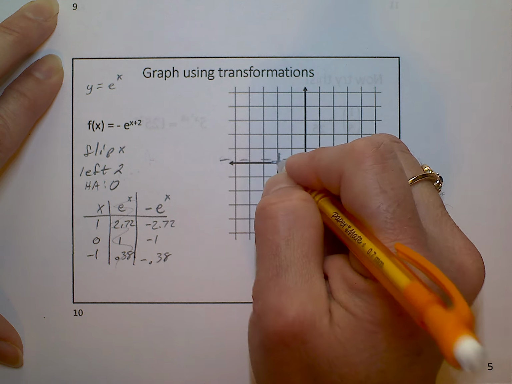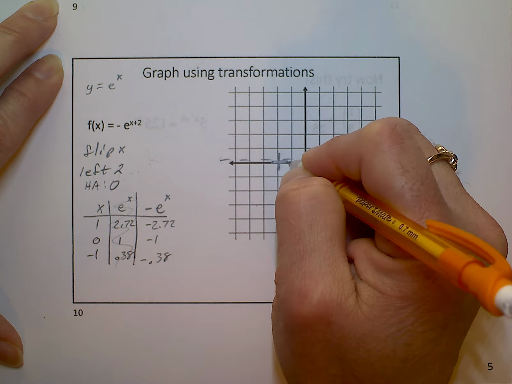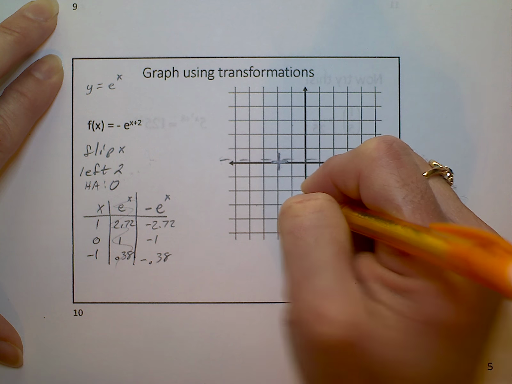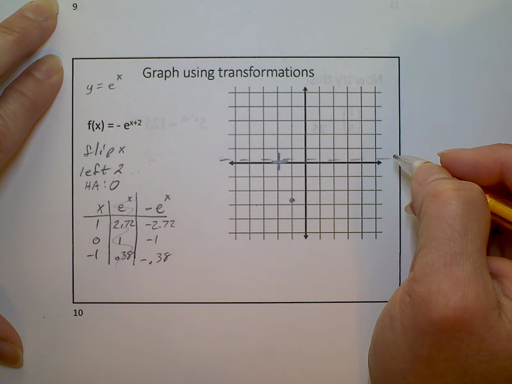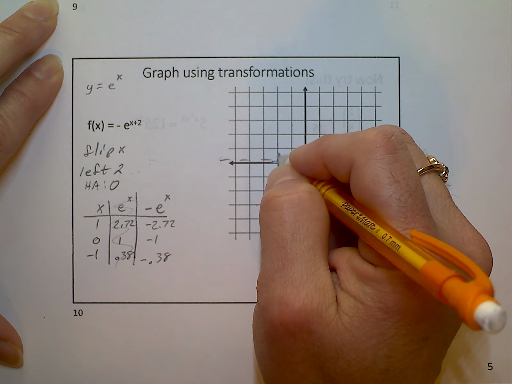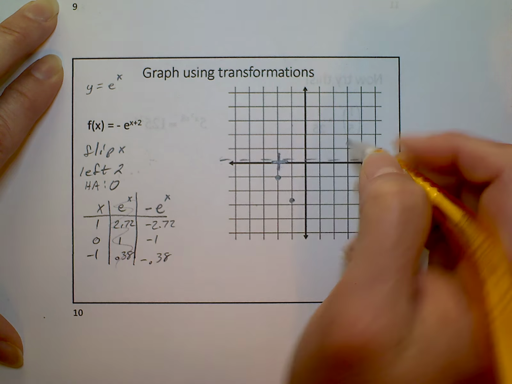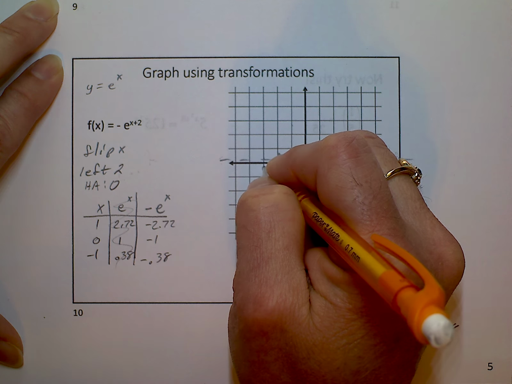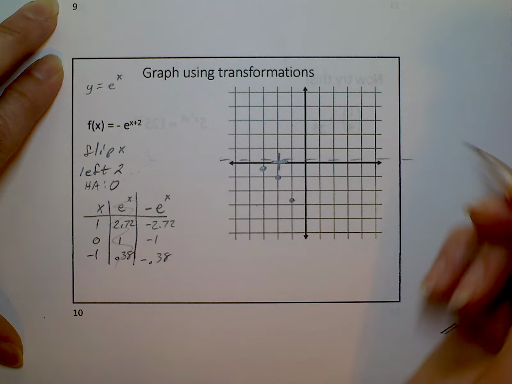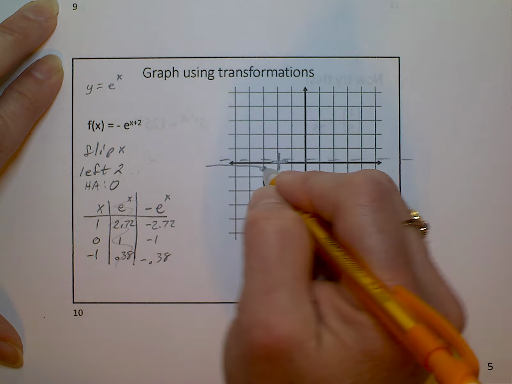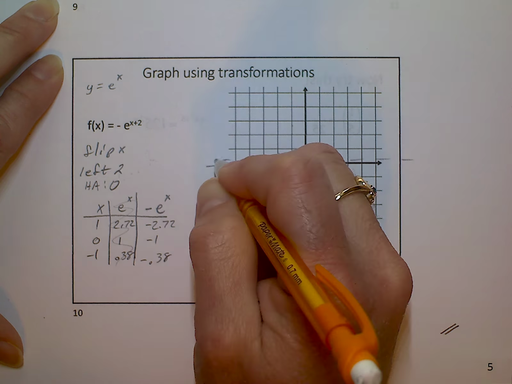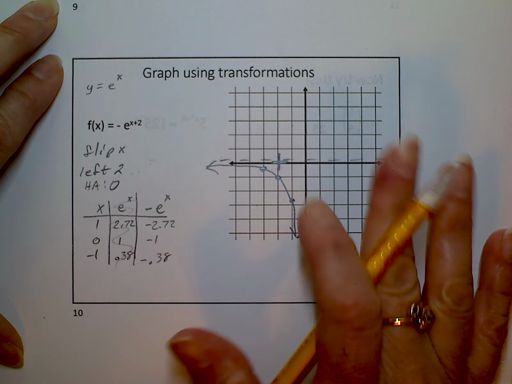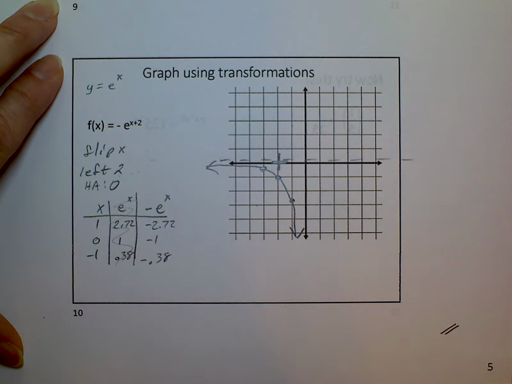So from our new origin, go 1, and instead of going up, we're going to flip and go down to negative 2.72. 0, 1 becomes 0, negative 1. Negative 1, 0.38 becomes negative 1, negative 0.38. Old Lockie's taking a dip, looking for some fish. There he is. Yay. Alright, so now you can do the graphs with the transformations.